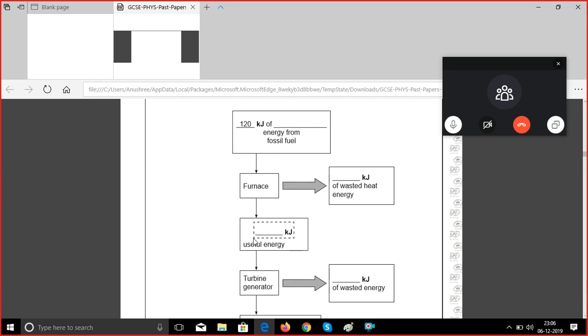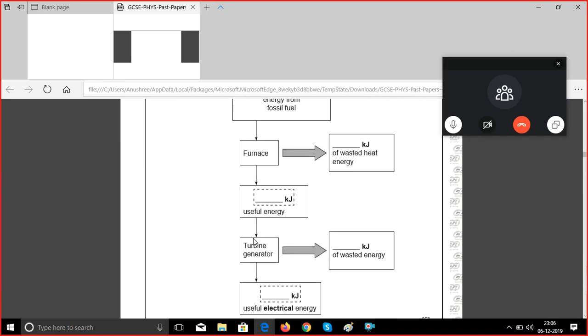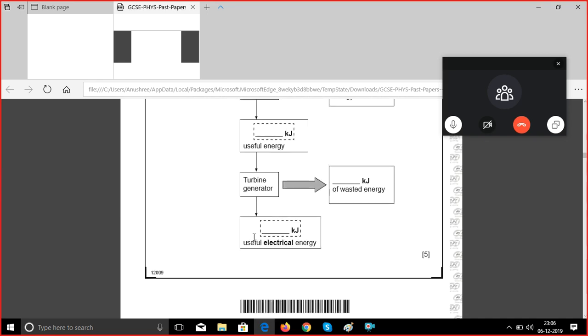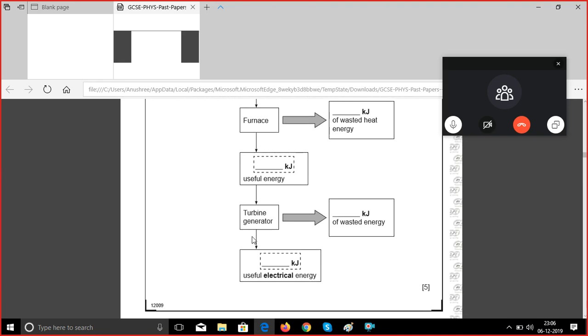Yes. And the turbine generator has 16 kilojoules of wasted energy, and so we need to take away 16 from 40. So 24 kilojoules of useful electrical energy.